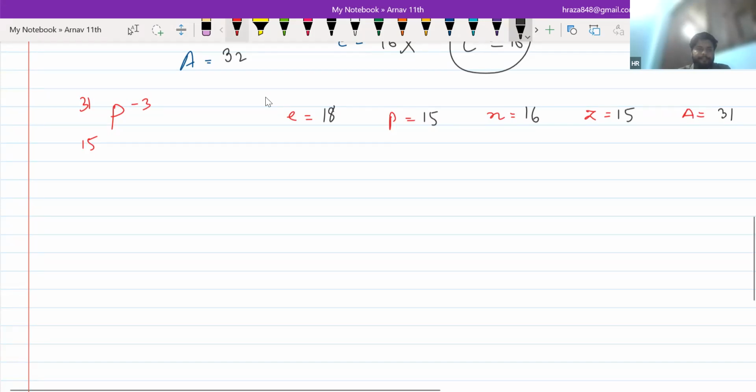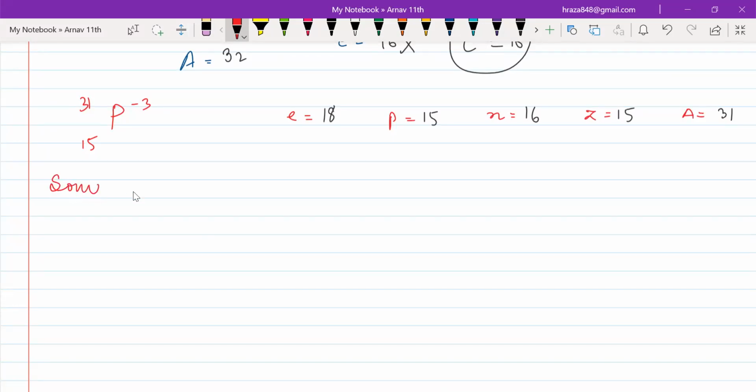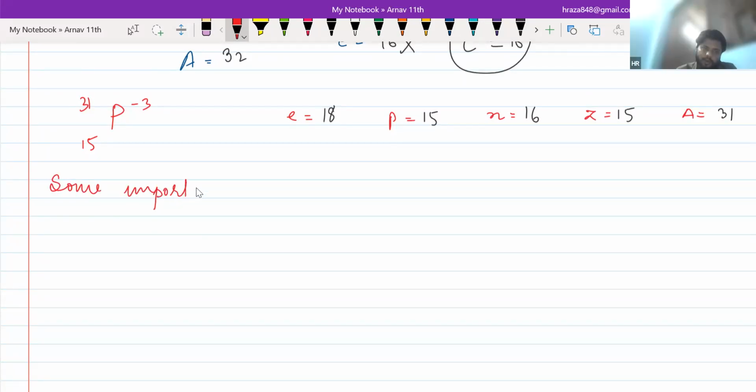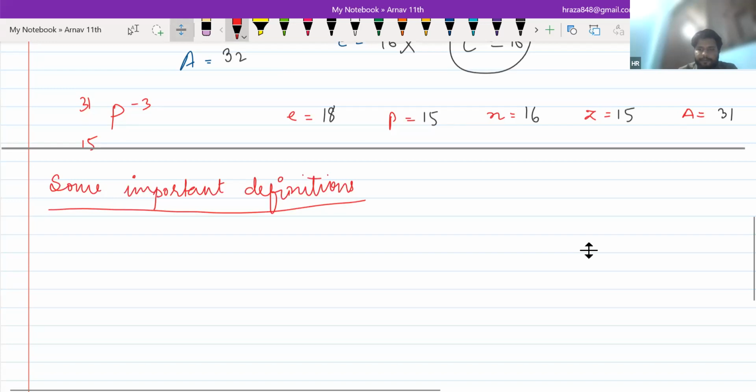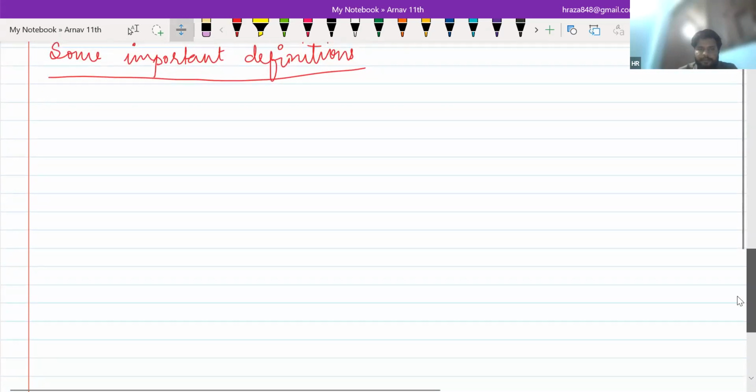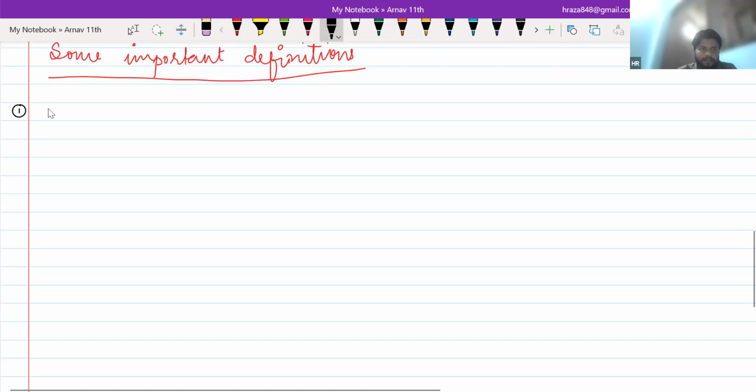Yes, sir. Now, some important definitions which are very important for you. Isotopes. Now see, this is isotopes. What is isotopes?